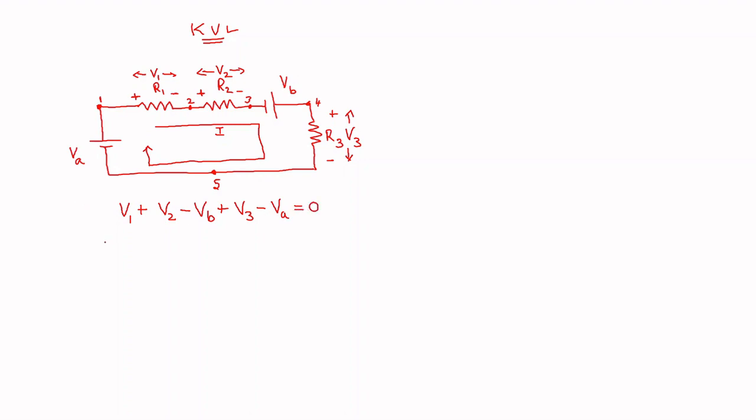The other way of writing the same equation is I into R1 plus I into R2 minus VB plus I into R3 minus VA is equal to 0. So this is the loop equation for this particular loop by applying Kirchhoff's voltage law.